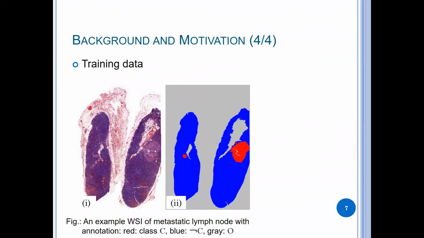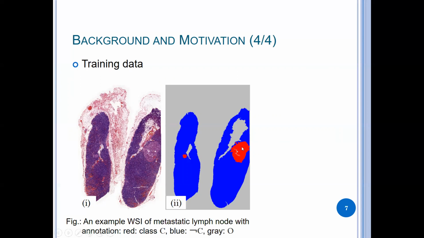In this slide, I would like to discuss the WSI, or whole slide images, as training data. Here is an example of a whole slide image of a metastatic lymph node with its annotation. Here each color represents a class.